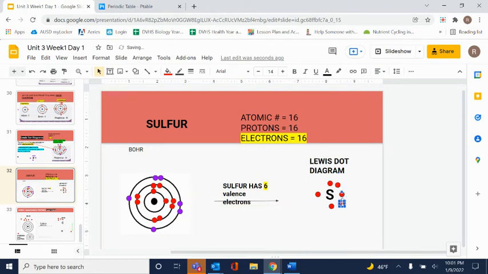And if it makes it easier to understand for you, because I'm color coding, these are only valence electrons that I'm drawing. So these should be purple. They should all be purple.